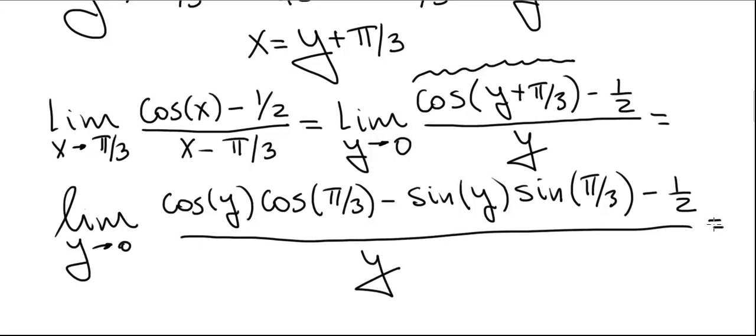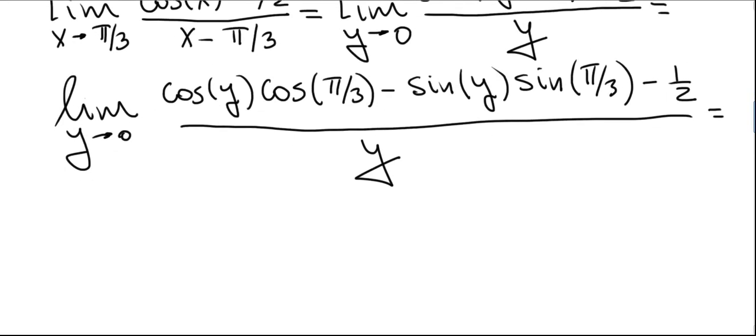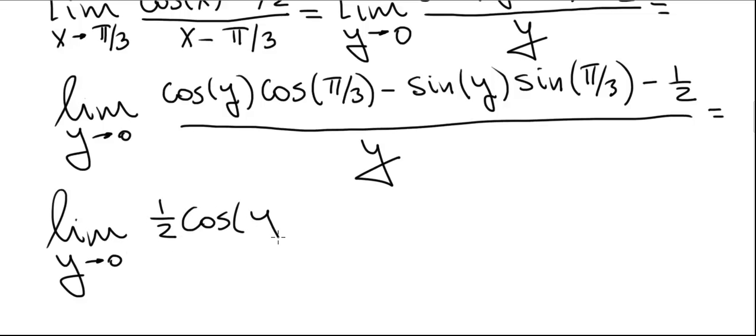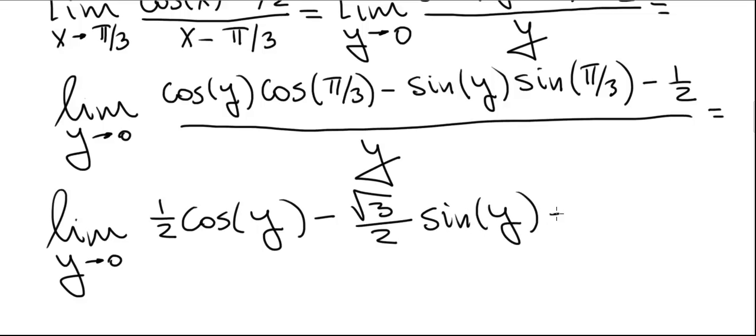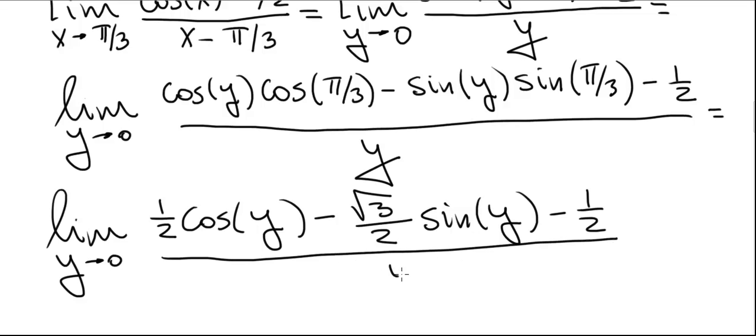Now cosine of pi over 3 is 1/2. Sine of pi over 3 is square root of 3 over 2. So this is the same as the limit as y goes to 0 of 1/2 times cosine of y minus square root of 3 over 2 times sine of y minus 1/2, all over y.